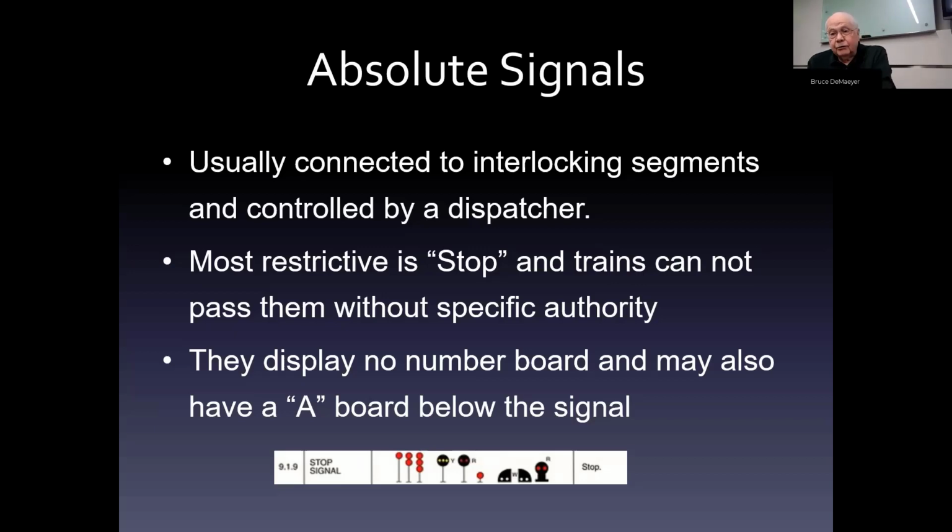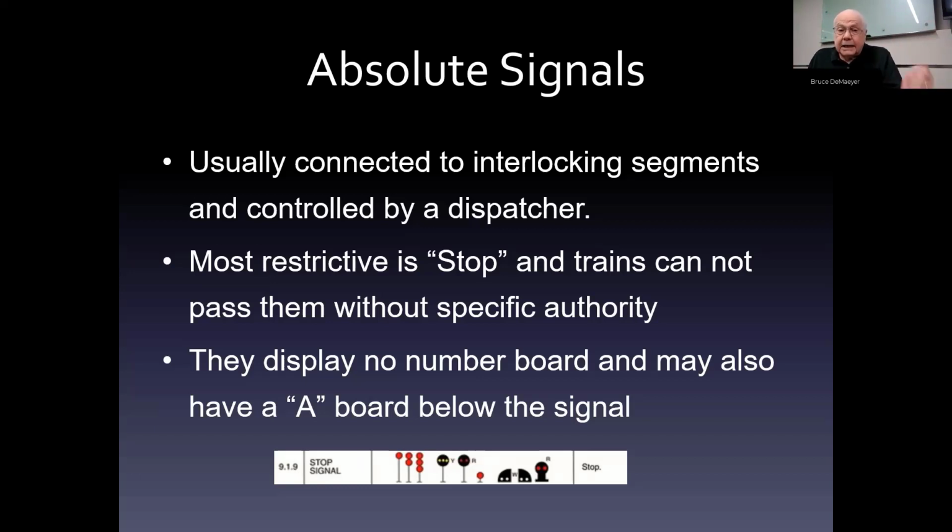Because after you come to the stop, it's okay to proceed as long as you can stop in that block within the sight distance of the line. And that keeps traffic moving. So red doesn't always mean stop.